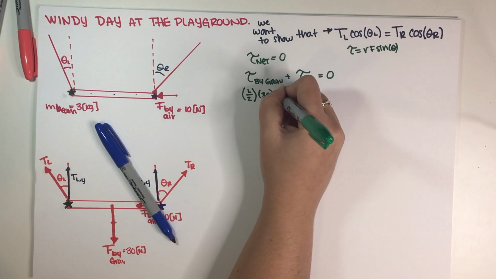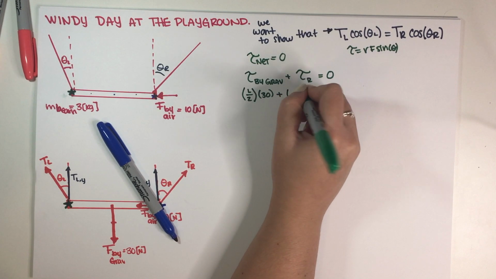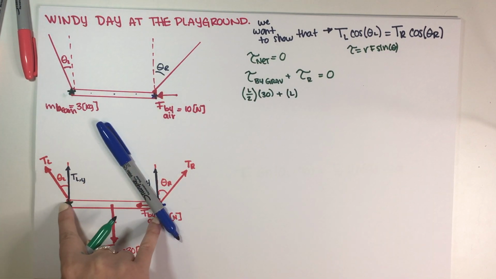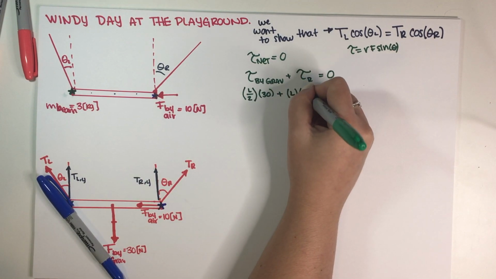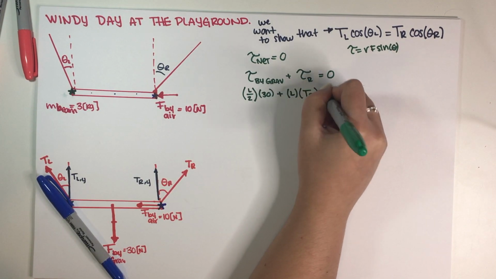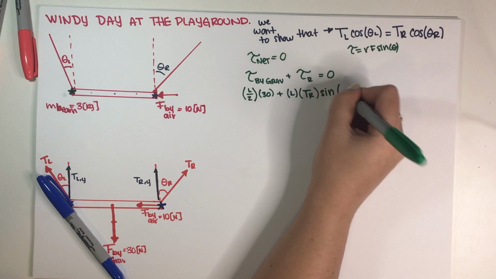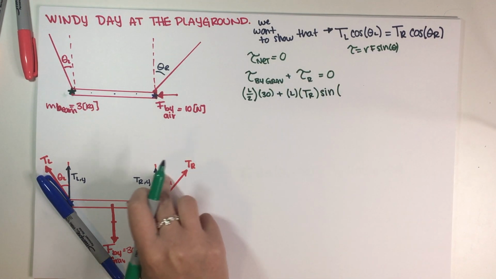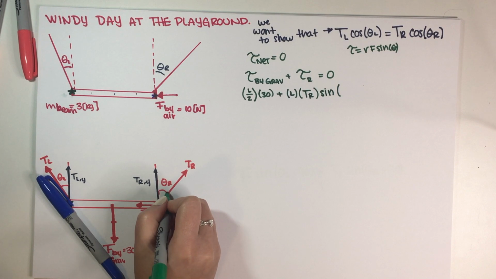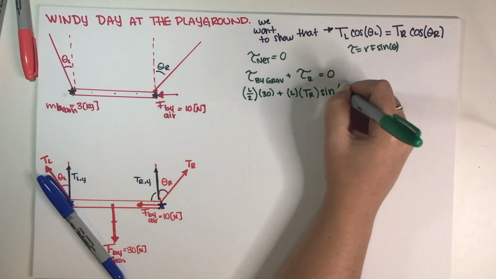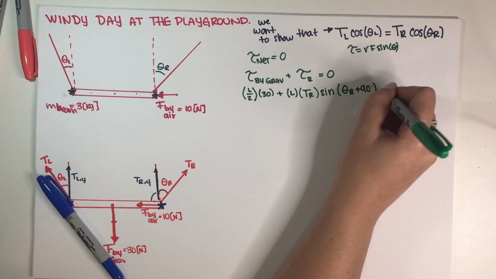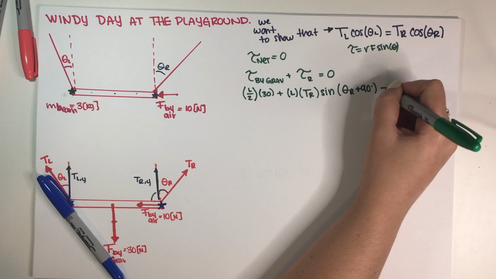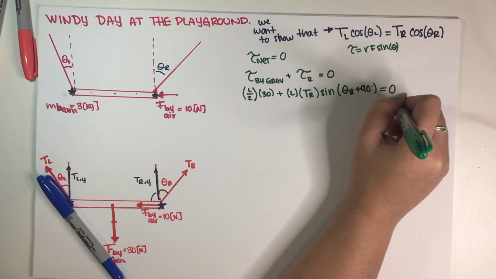Now the torque on the right is equal to R is equal to L, because it's the entire length of the beam, times TR, times sine, but we need to be careful. This is not sine of just this angle. This is the sine of this angle plus this part right here. So this would be the sine of the angle right plus 90 degrees. And this has to be equal to 0.